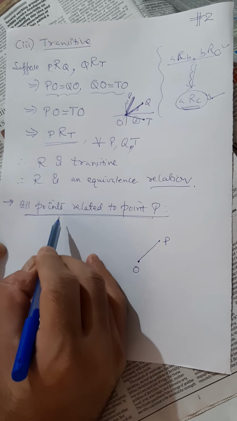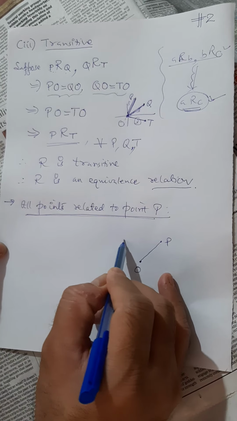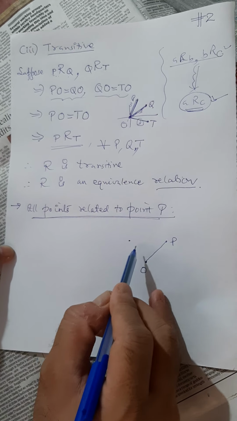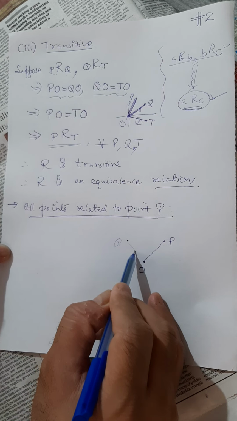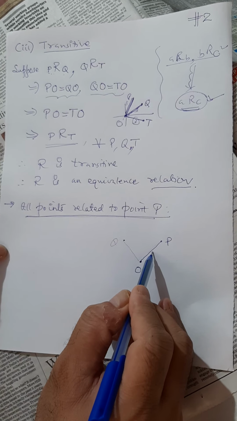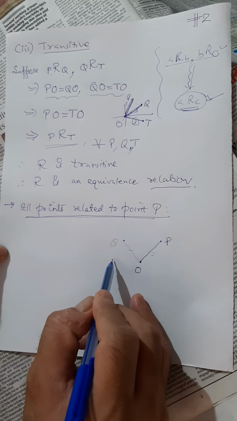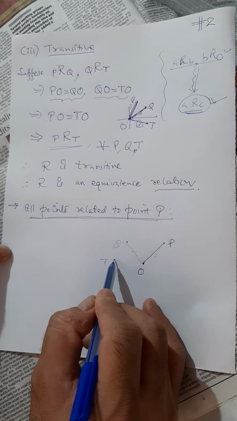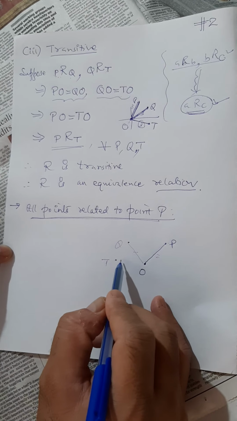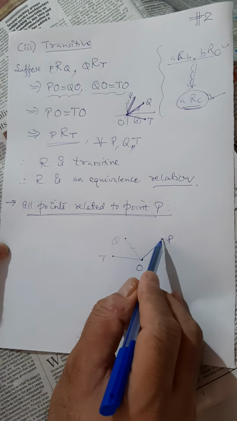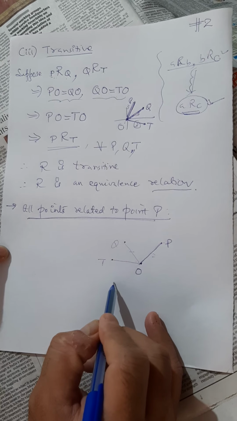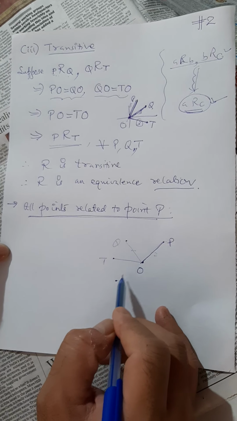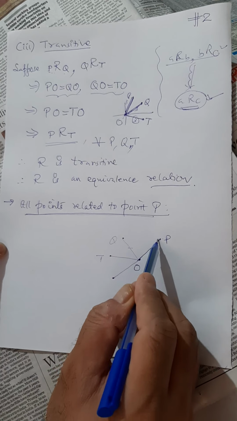As per the definition, if I take any point Q here, and if Q is related to P, then the distance of Q from origin is the same as this. So if this is, for example, 2, then this must be 2. If I take a third point here, for example T, and T is related to P, then the distance of T from origin is the same as the distance of P from origin. If I take another point here related to P, then the distance of this point from origin is the same as the distance of P from origin.